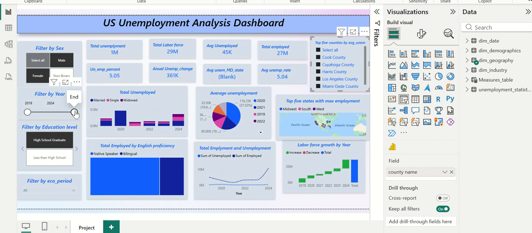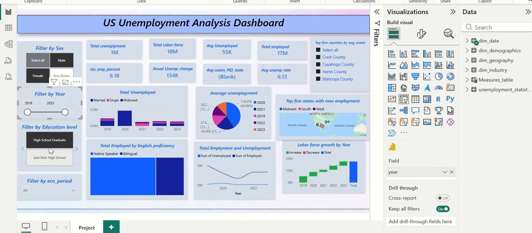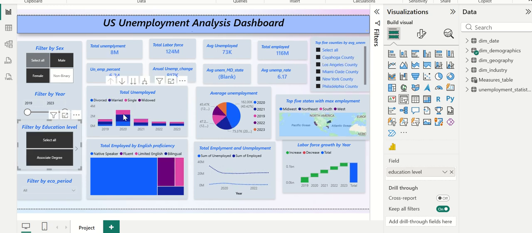So here I have a chart that is a stacked bar chart that shows the total employed people for different time intervals. In this chart, there is also another piece of information which is shown by segmenting the graph into different parts. This is a categorical data, which is the marital status.